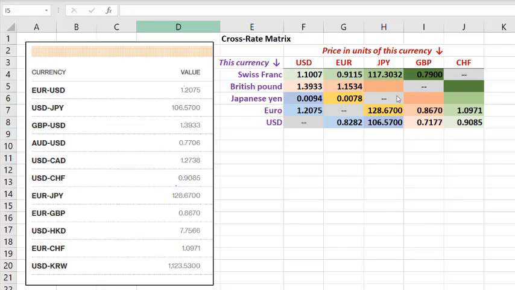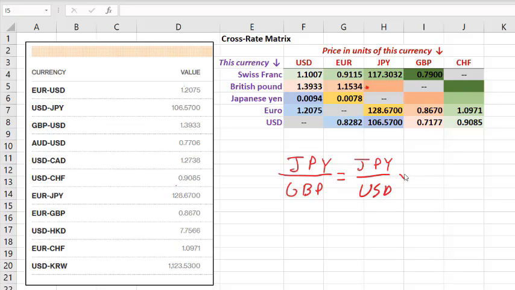Okay, moving right along. Now we're down here to the second row, and we need Japanese yen per British pound. Japanese yen per pound. I have Japanese yen per US dollar, and I have US dollars per Great Britain's pounds. So what's Japanese yen per dollar?